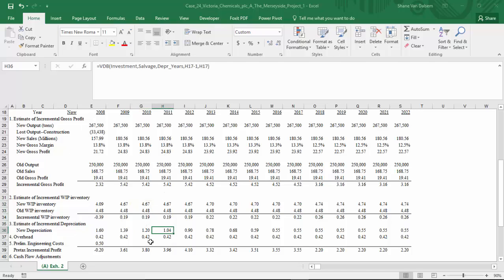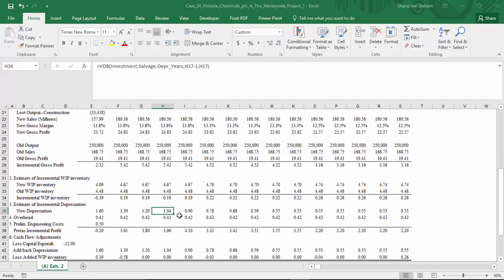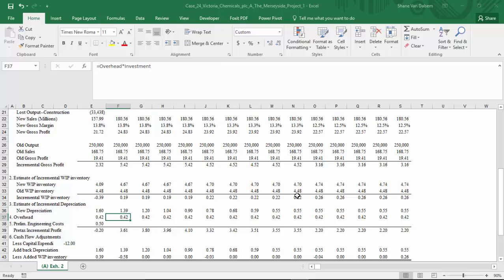And here we have additional new depreciation expense that we wouldn't have had before. Finally, we have new overhead, and you're going to have to think about this one. This is going to be one of the questions on the assignment, is whether or not or how to account for that additional overhead that the firm possibly has by taking on the project.